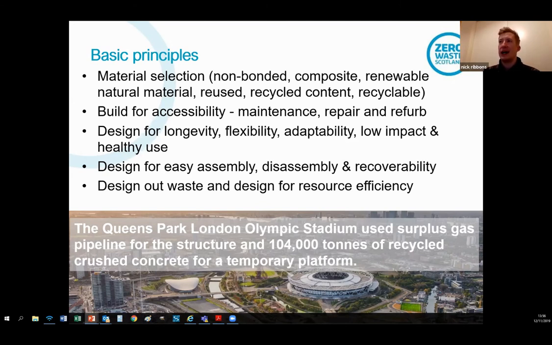It's about asking for these sorts of services and being educated as clients and as delivery agents of the built environment. So material selection: understanding that things that are bonded together with glues and wet sealants often renders them unrecyclable, or makes the economic incentive to recycle them much less than if they were easy to separate and segregate.